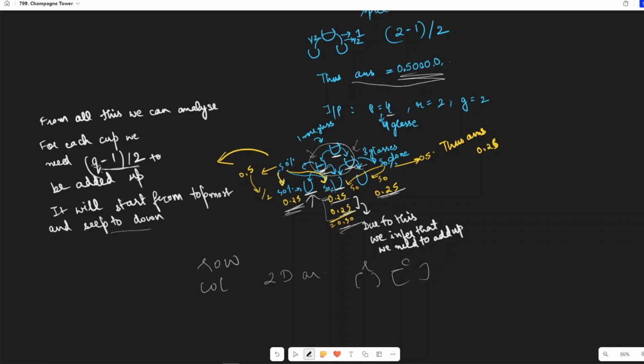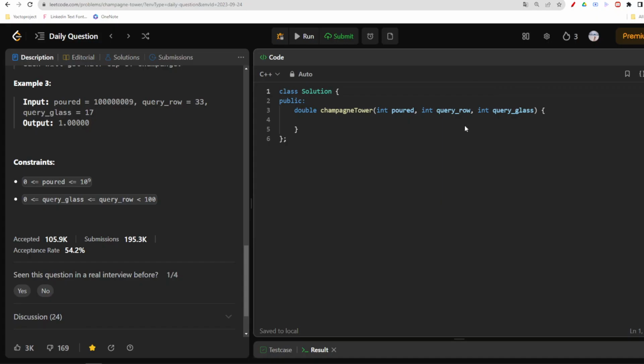And here we can clearly see that this 0.25 and 0.25 were required to be added up, right? Because it got from both of these glasses, right? So because of that, whatever we are getting, we will be adding up for each of the glasses. So now let us go ahead to the coding part for the same. Whatever you have not understood, you will get to know more when we go to code.